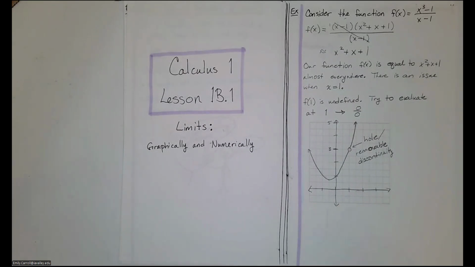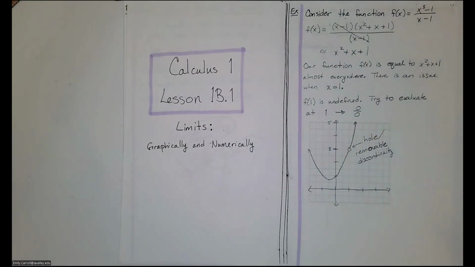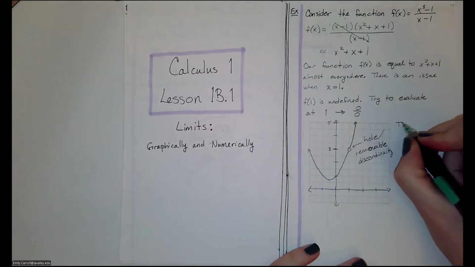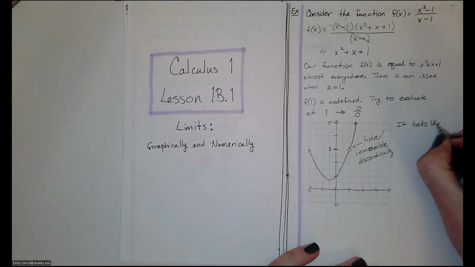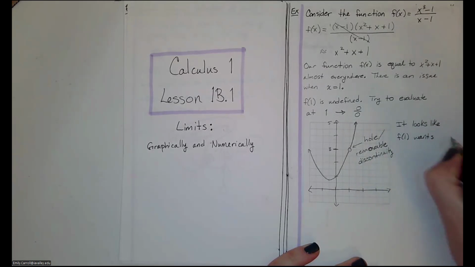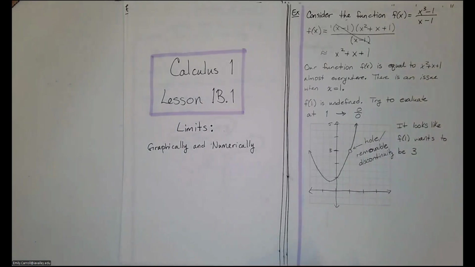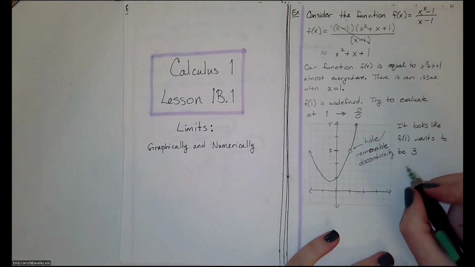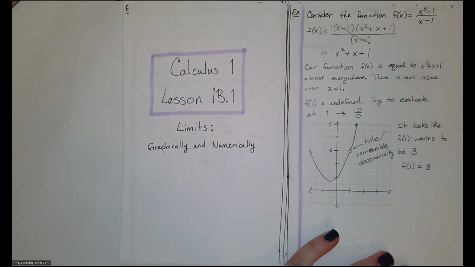So can't we just put our finger on that point right there and say the y value really wants to be 3? It looks like f of 1 wants to be 3. But just because it looks that way doesn't mean that we get to say that f of 1 equals 3.